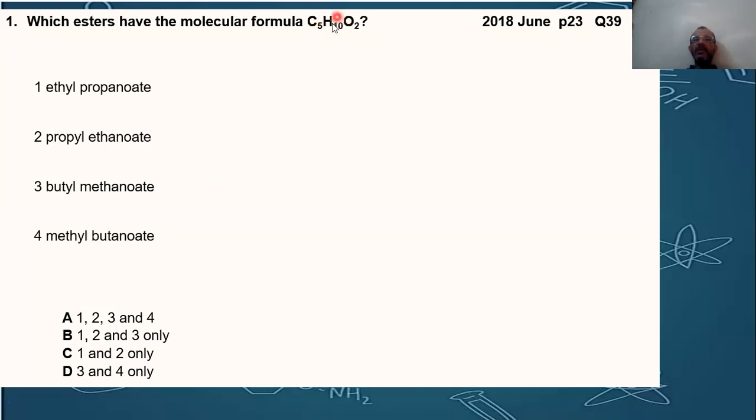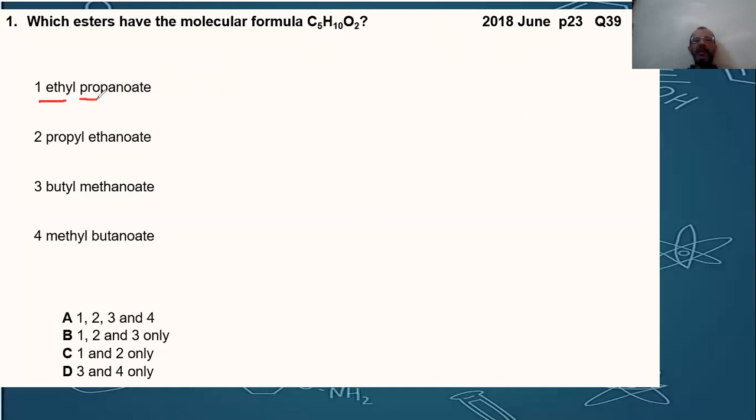Don't forget that. You can draw the compound, which will take longer, or count how many carbon atoms directly. So let's count them first, and then we can draw.